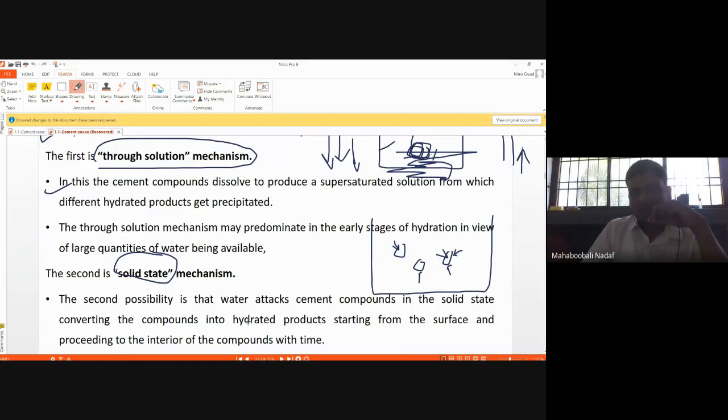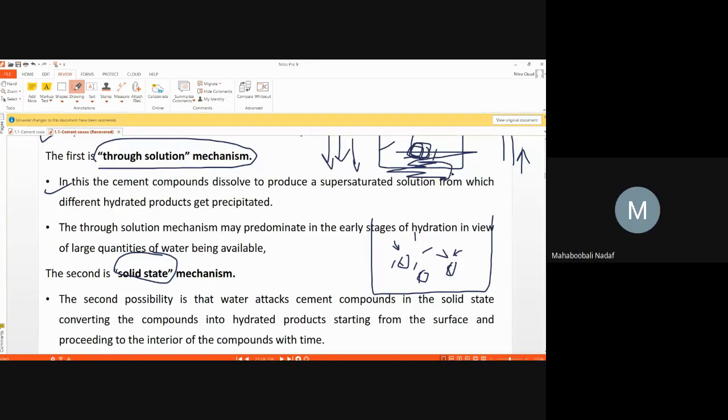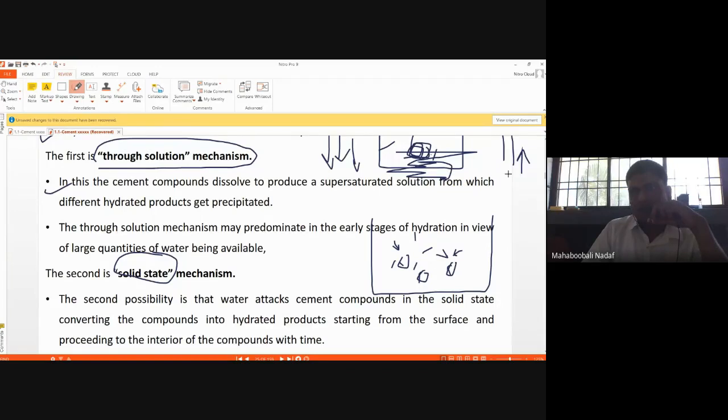More and more hydration products will start. So first, more water attacks on the outside surface. Then water quantity will start decreasing, and the solid phase, that is the gel phase, slowly increases.